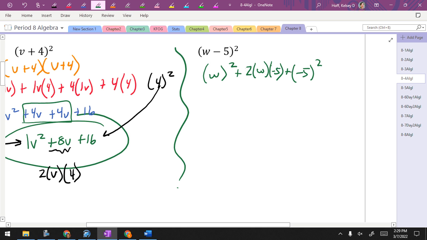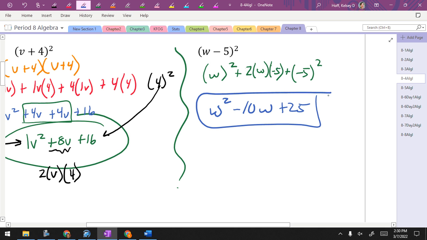What's W squared? W squared. What's 2 times W times -5? -10W. What's -5 squared? Positive or negative? Positive 25.